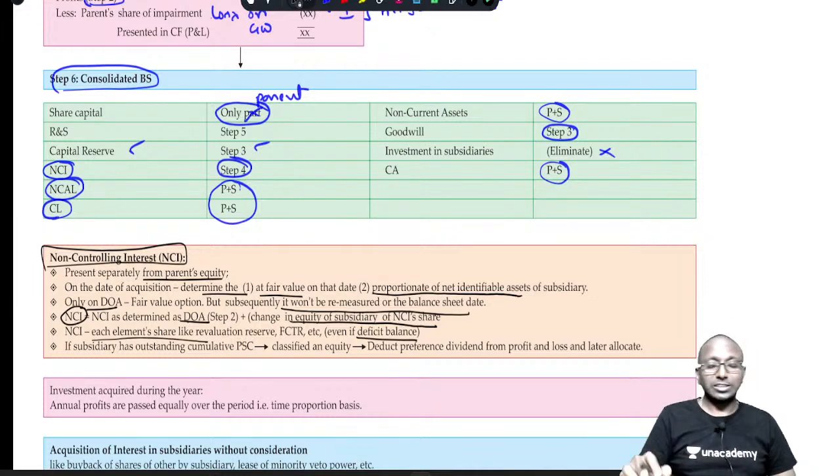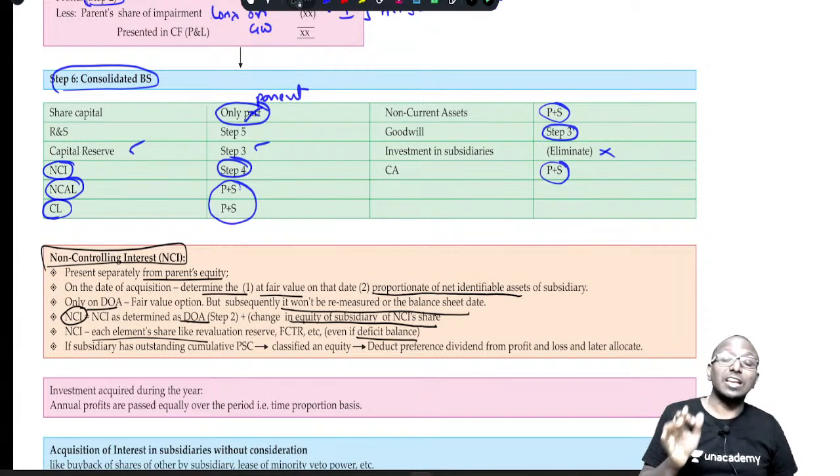As per accounting standard 21, NCI, meaning minority interest, is presented at a minimum of 0. But here, no, because if there is a loss, they have to bear their portion of the loss. That's the reason NCI can be a negative number. Remember this point.